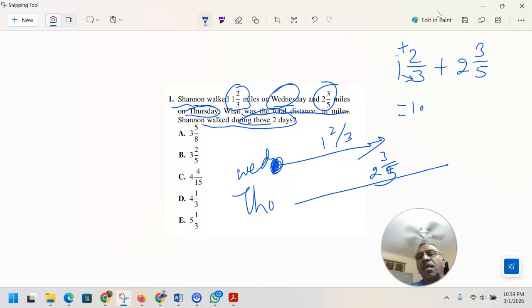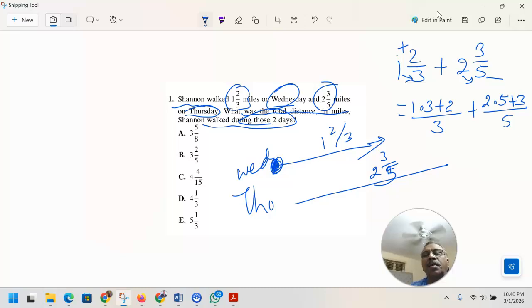It is 1 times 3 plus 2 divided by 3, and the second one will be 2 times 5 plus 3 divided by 5. So 1 times 3 is 3, 3 plus 2 is 5, so this will be 5/3, and 2 times 5 is 10, plus 3 will be 13, so 13/5.